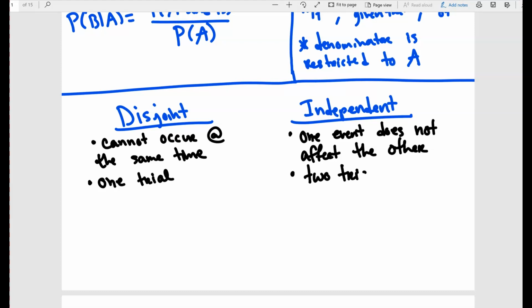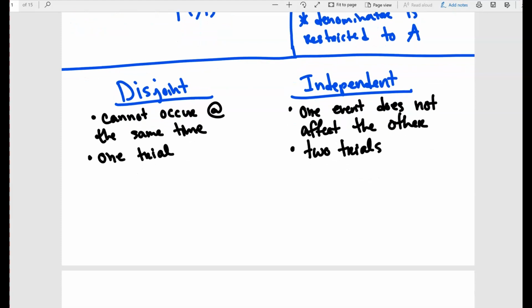So two things are happening at two different places. So, for example, something happens first, then another thing happens. So, getting heads and tails, and so if I get heads in the first toss, that's not going to affect my second toss. Okay, of getting heads is not more likely to get heads or tails if I know that I got heads the first time.